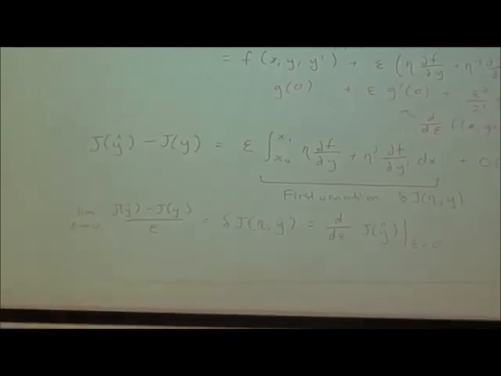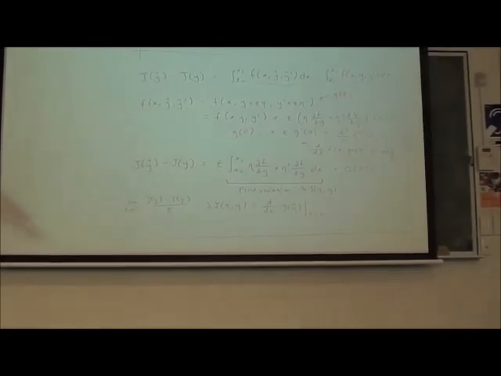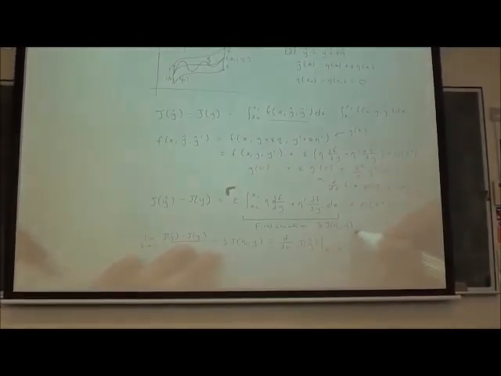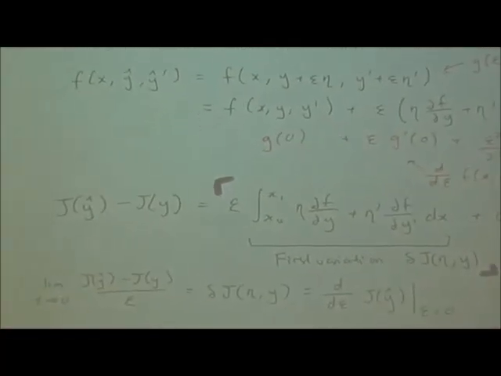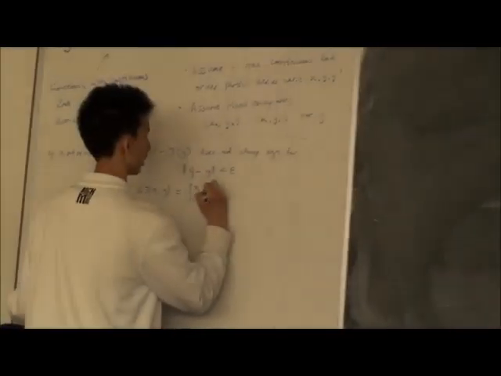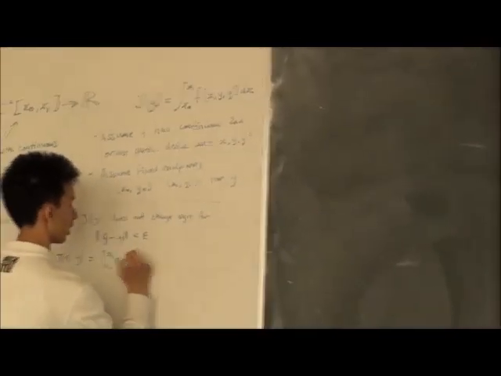And this expression here is a sort of checkpoint, so I'll write this on the board. If y is an extrema, now we have the first variation, this expression, equaling 0.